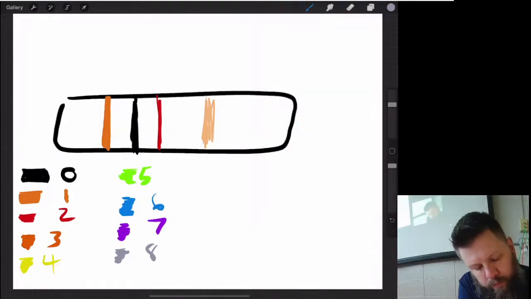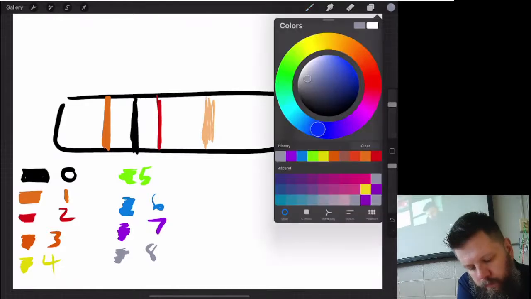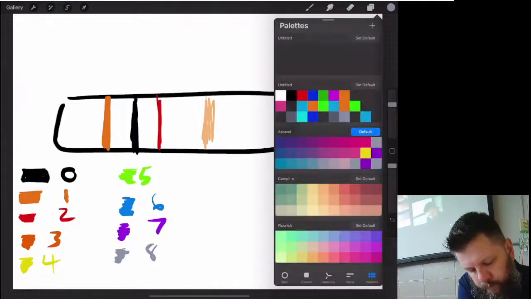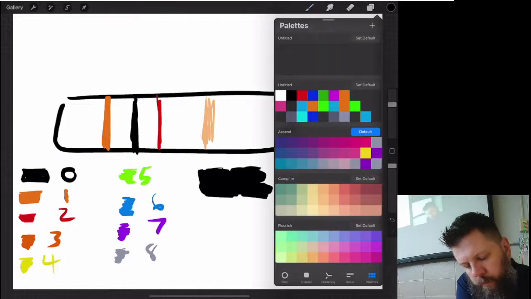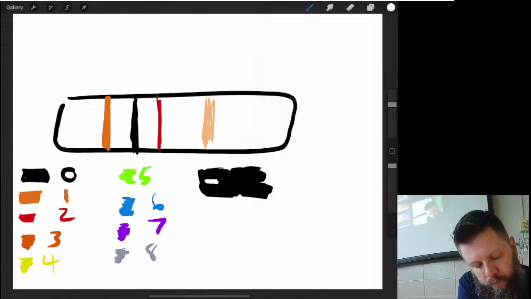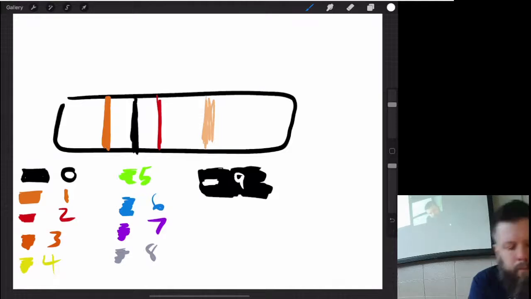I don't know how I'm going to. I'm going to put a black mark here. And then I'm going to put a white. No. Cool.